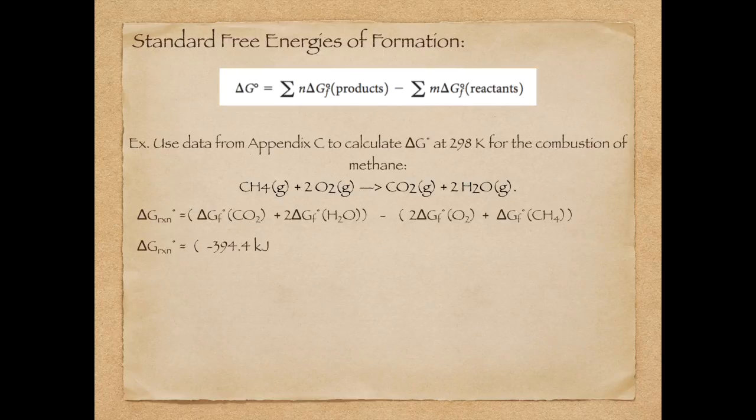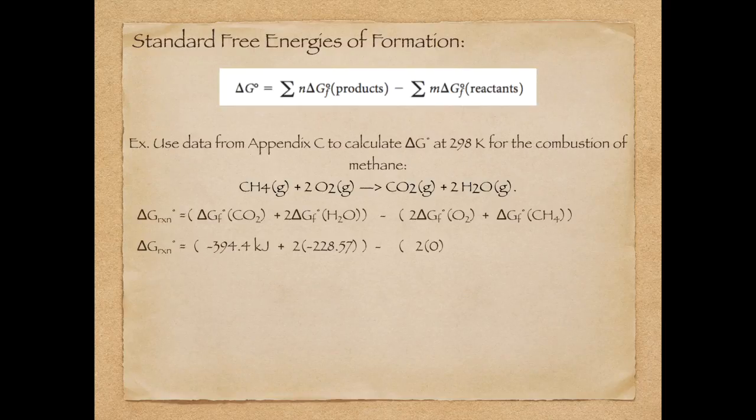For carbon dioxide, it's negative 394.4 kilojoules, plus the standard free energy of formation of water, which is negative 228.57 times 2, minus, well, the standard free energy change of formation for an element in its standard state, just like with enthalpy, is going to be 0. So that of oxygen is going to be 0.